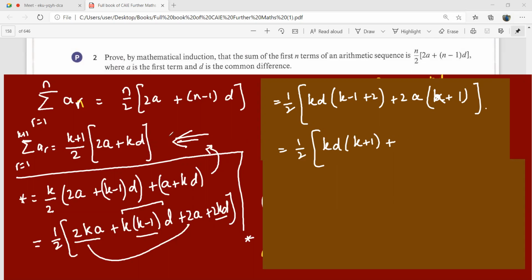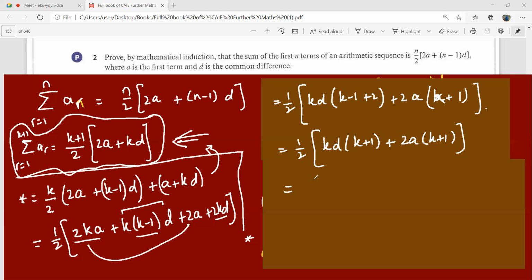Now this is going to be half into kd into (k plus 1). And you see, children, for every step I'm again and again looking at what you have to prove, and I'm keeping myself in the right direction. So you see, I changed my plan because I had my eyes on it, and I got there. This is 2a into (k plus 1).